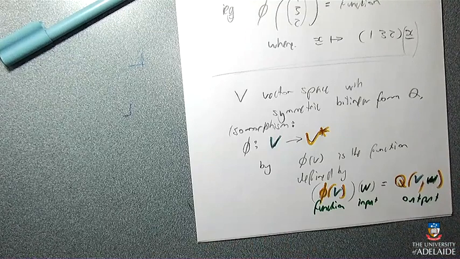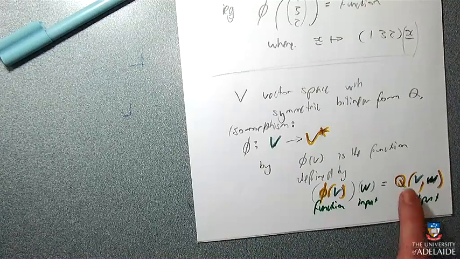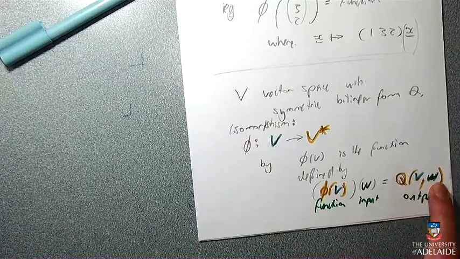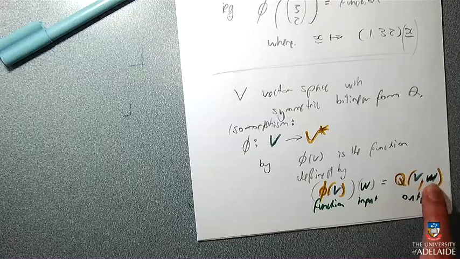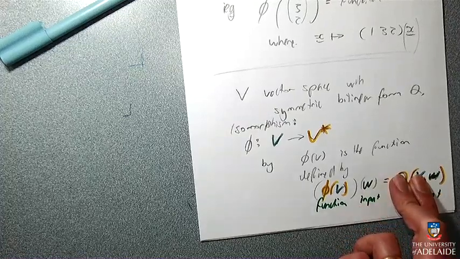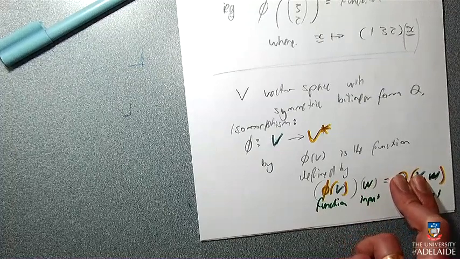Okay. So I can create a linear transformation that goes from the vector space to its field by doing Q of a specific V that I was thinking of with everything. So if I pick a particular V and do Q of V with everything else, that's a function that takes all those W's and produces a number in the field.